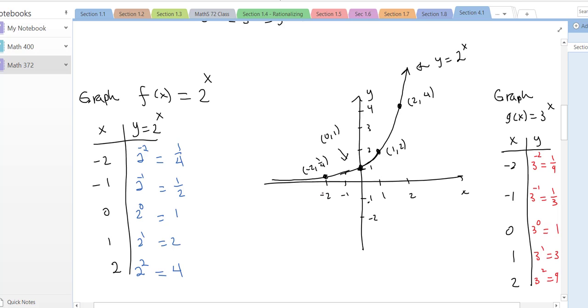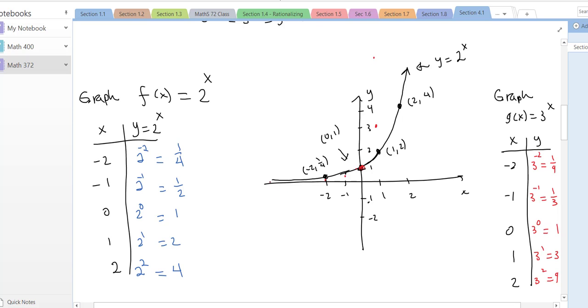So if I plot these on the same axis, notice that when x is -2, I'm going to have 1/9. So this was 1/4. Which one is smaller, 1/4 or 1/9? 1/9, right? The bigger the denominator, the smaller the fractions are going to be. At -1 it is 1/3, so it's going to be below 1/2. But notice that at 0 we touch the same y-intercept. But then when x is 1, we go to 3. So we increase over here to 3. And when x is 2, we go all the way to 9. So somewhere over here.